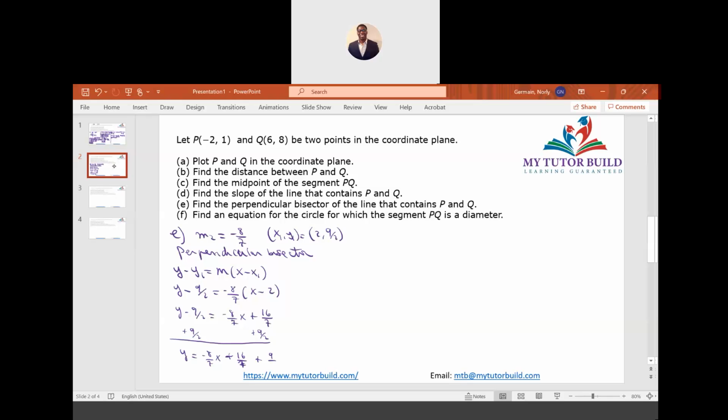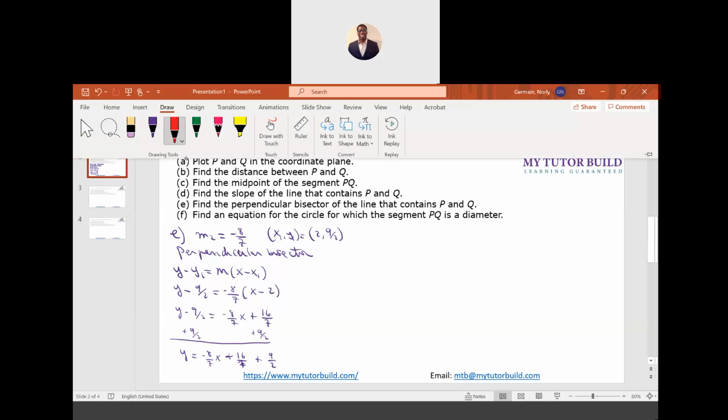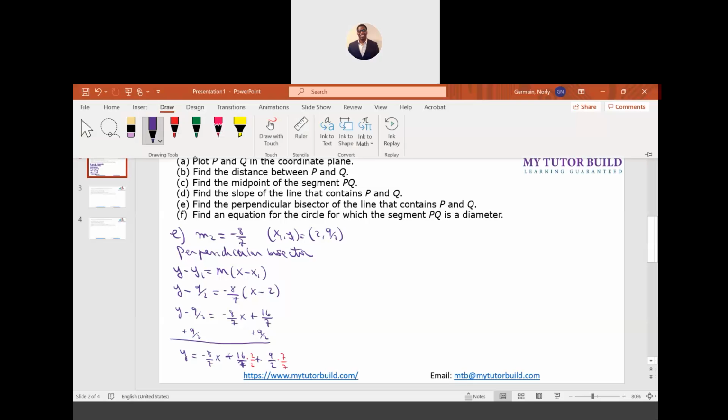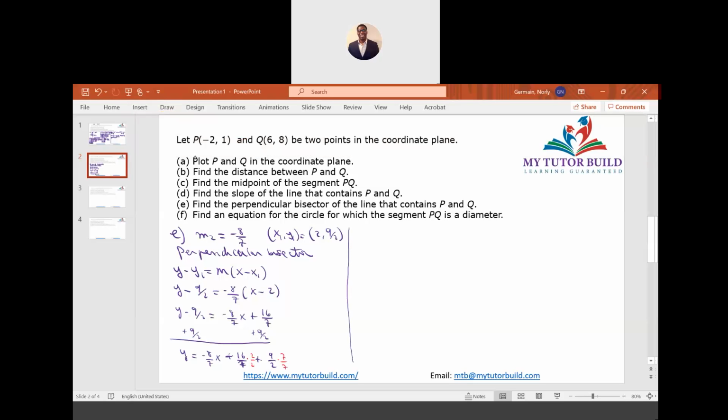plus 9 over 2. In order to add these two fractions, we definitely need the same denominator. 7 and 2, the least common denominator between them is 14. So we multiply this one by 2 over 2, and this one by 7 over 7.